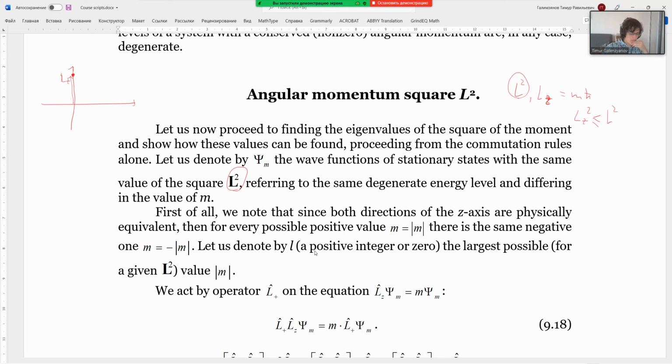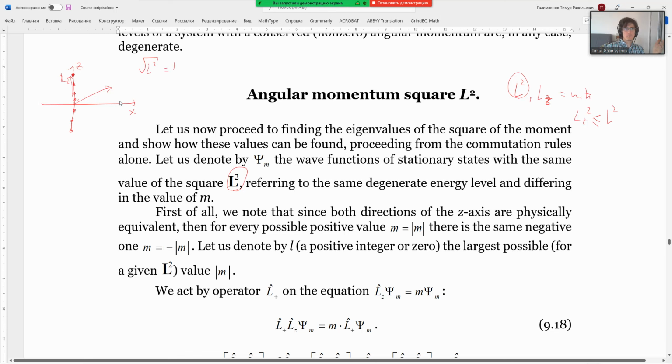Actually, in classical physics, if you know the absolute value of your vector, your angular momentum, which is L squared, the square of the absolute value, and you know the projection, then the maximal projection of the vector on the z-axis would be the square root of L squared, which is L. That is what comes from classical mechanics.